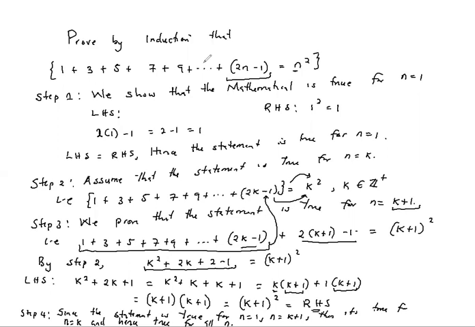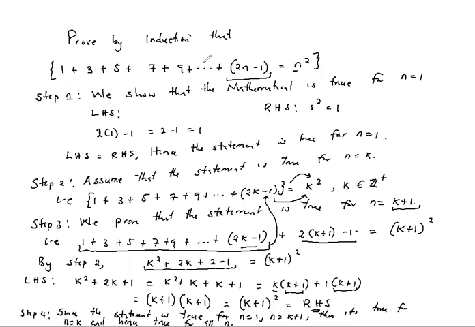So I'll repeat. We have the sum 1 plus 3 plus 5 plus 7 plus 9 all the way up plus 2n minus 1 is equal to n squared.